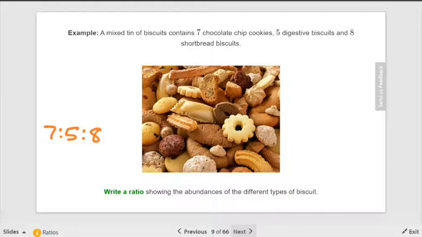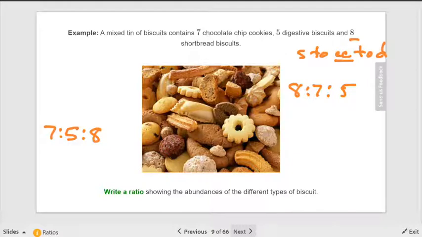If they don't give you an order, just put them in the order they give them to you, right? But what if they had asked you to do shortbread to chocolate chip to digestive? Then shortbread would be 8, chocolate chip would be 7, digestive would be 5, right? So if they tell you an order, you use their order. If they don't tell you an order, just string them out in the order they give them to you.